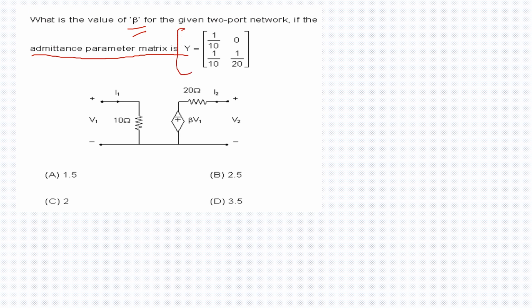If I'm given a Y matrix, an admittance matrix, it means that I am given the relation between I1, I2 in terms of V1 and V2.